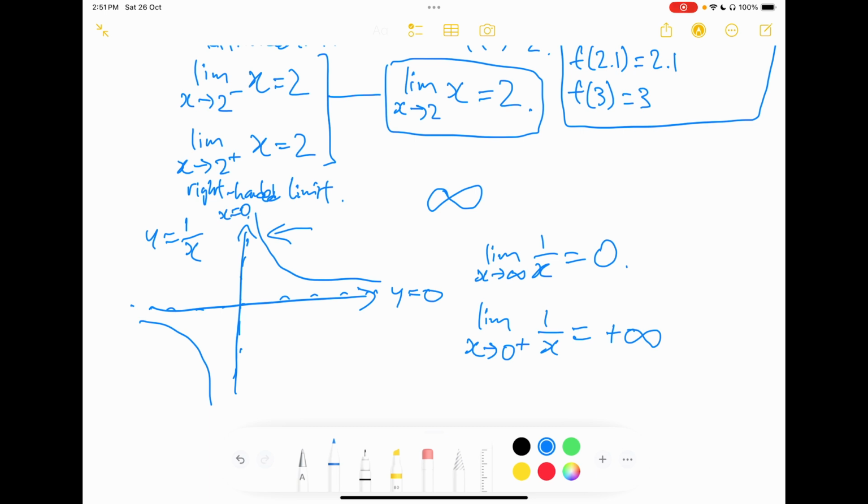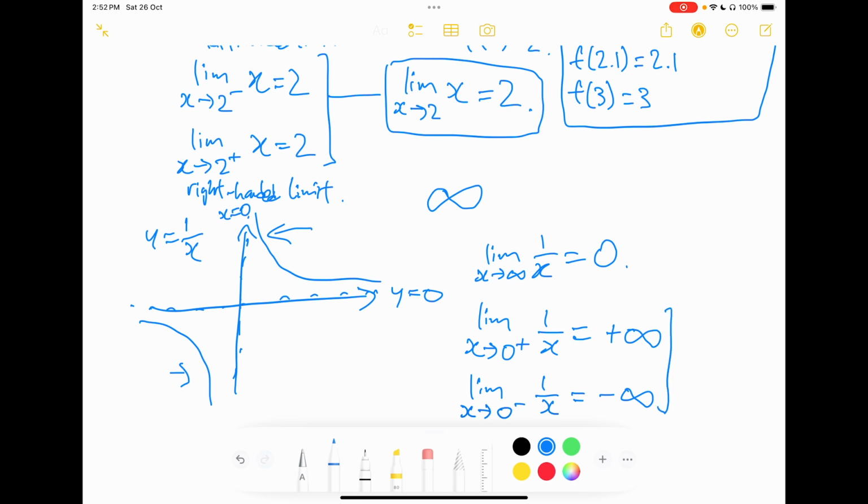Okay, this is particularly interesting because if you took the left-handed limit instead, what you would get is not positive but rather negative infinity, which makes sense because for infinitely small negative values, you'll get infinitely large negative reciprocal, right? And same thing for positive values, except the sign is flipped.